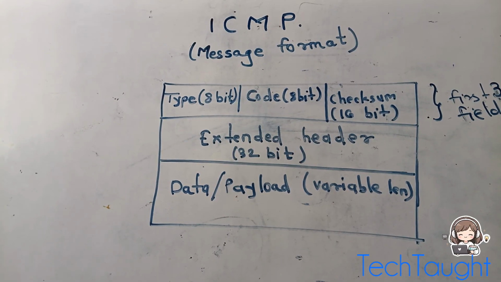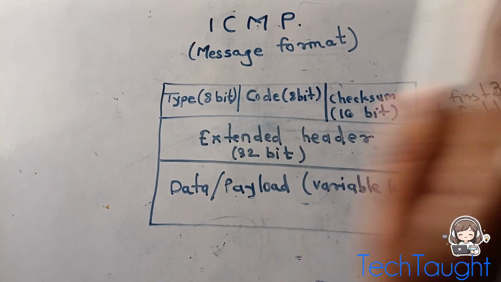If we are sending an error reporting message, the receiving network should know the type of message, because it will have to respond to it. For that, the ICMP message format has a type of 8 bits.